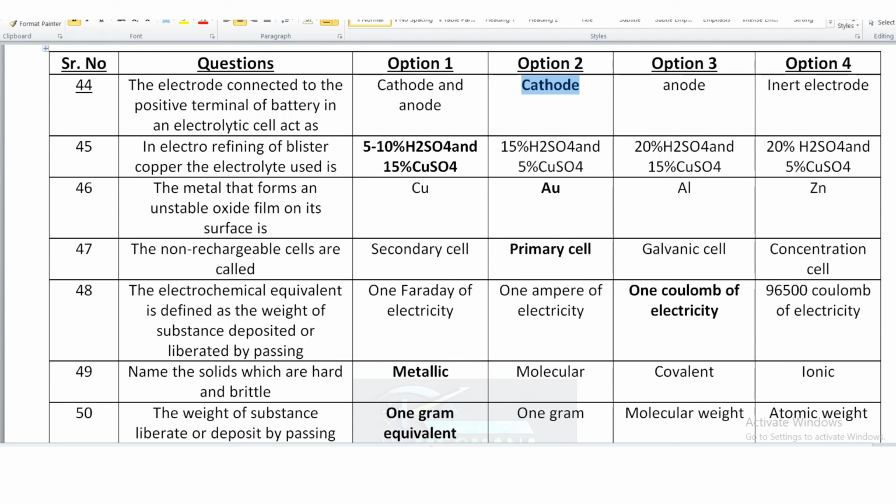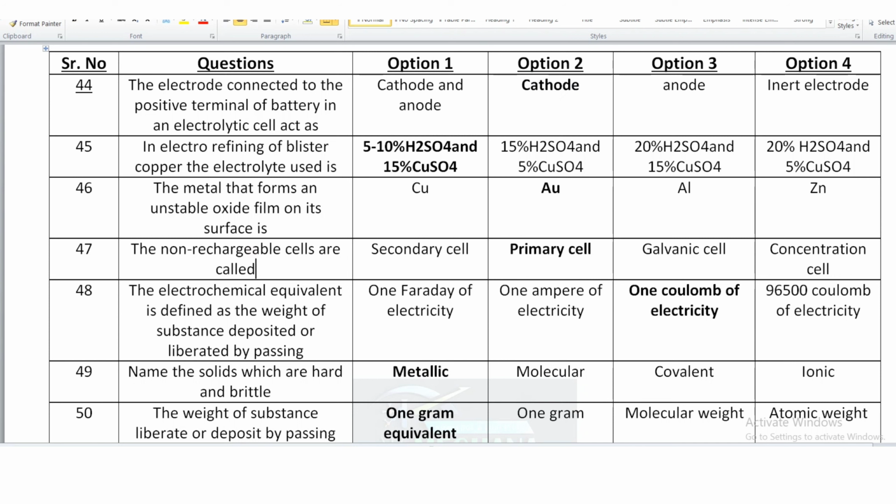In electrorefining of blister copper, the electrolyte used is 5 to 10% H2SO4 and 15% copper sulfate. The metal that forms an unstable oxide film on its surface is gold. Gold, silver and platinum all three form unstable oxide films.